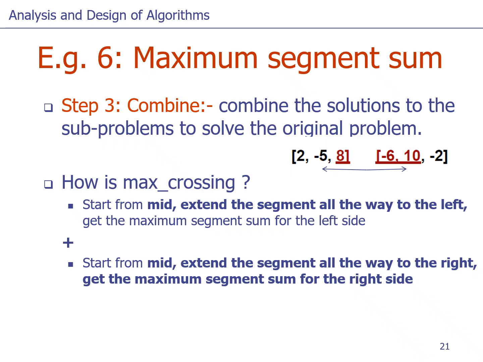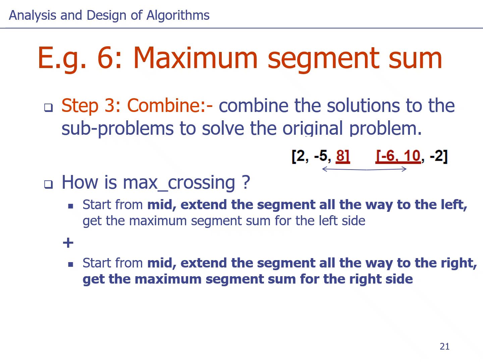Plus, start from the mid, extend the segment all the way to the right, get the maximum segment sum for the right side. So basically, when I'm calculating the max crossing, I know where the mid is. I will go from the mid towards the left, all the way to the beginning of the array, and I will go from the mid to the right, all the way till the end of the array, to get the crossing maximum.